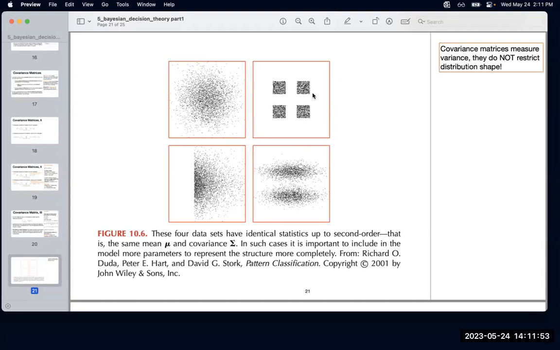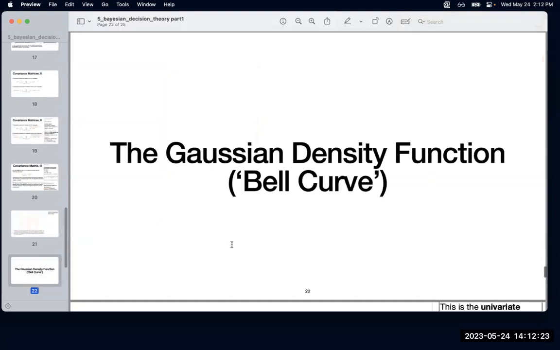So this is just to warn that it is actually possible that the mean and the covariance are not enough to fully describe everything that you need to know about the data. But it's usually the beginning point that is used in most models to model the probability distributions that would be used in our Bayesian models.